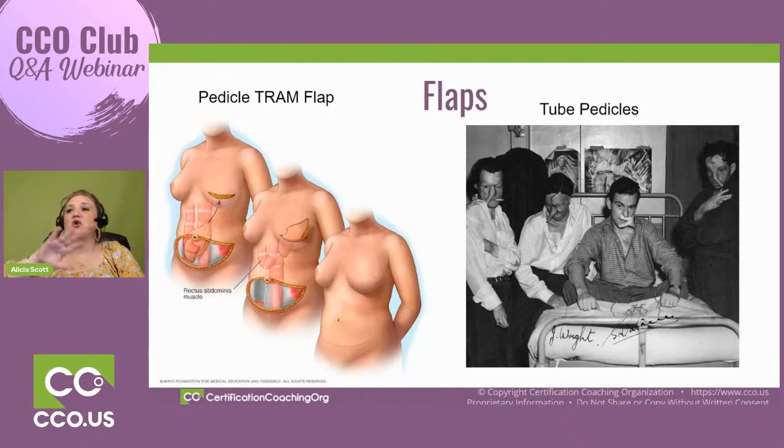Now, let's go way back to World War II. This is an image that was taken by one particular provider. I believe, from the article I read to refresh my memory, that these were airmen who had been injured, and these are called walking flaps and tube pedicle flaps.